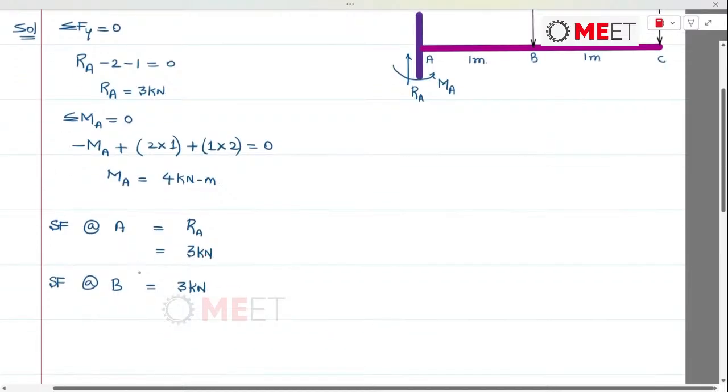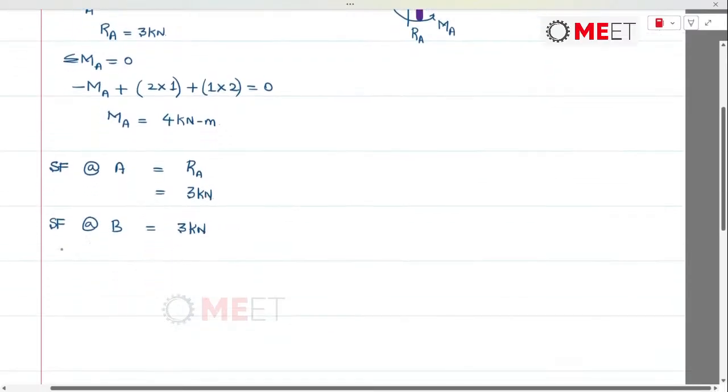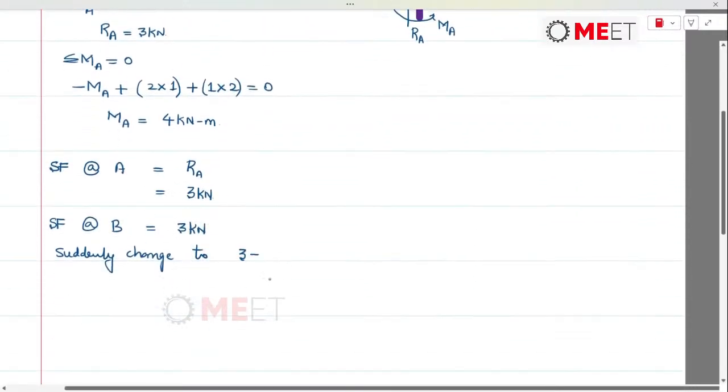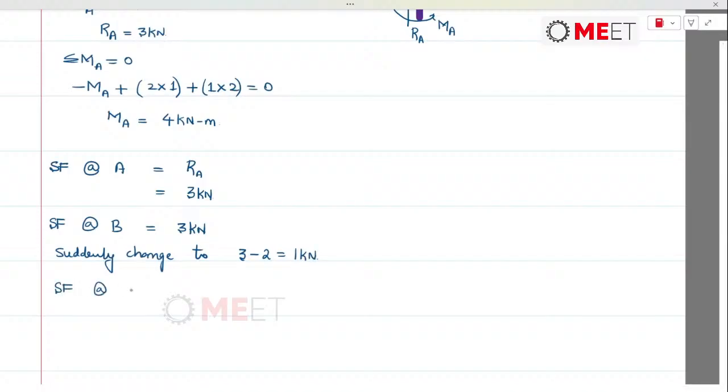Because of that, there will be a sudden drop, so it changes to 3 minus 2, which is equal to 1 kilonewton. And shear force at C will be 1 kilonewton.